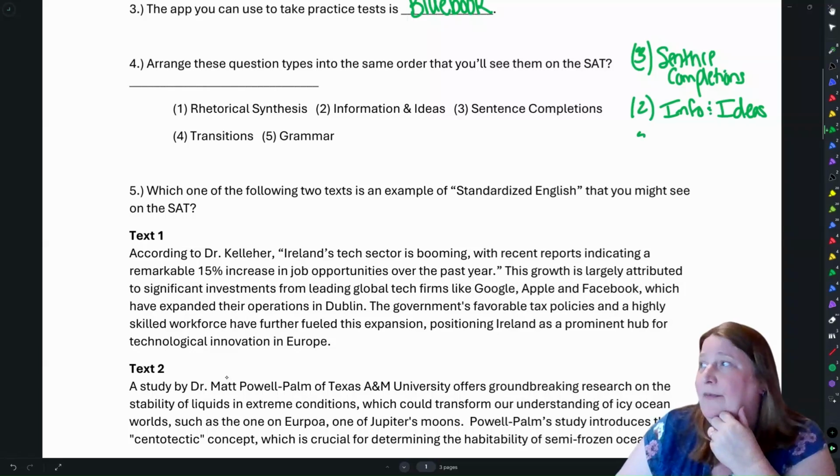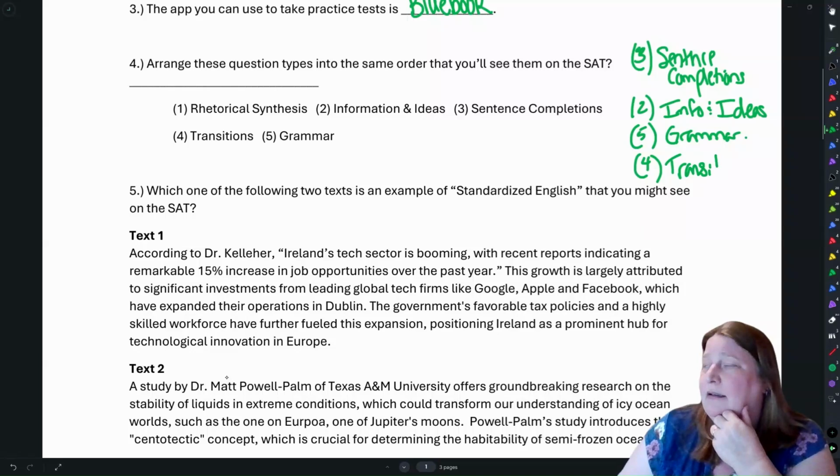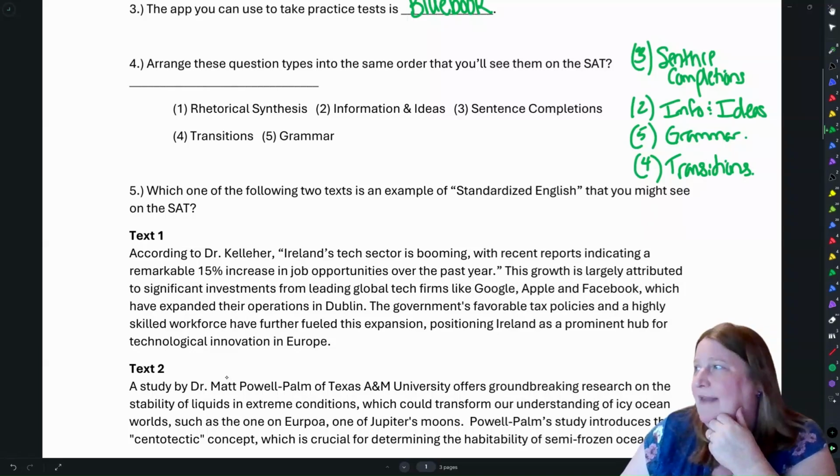Grammar comes after that, which is the topic of our course. It's right in the middle of the test, right? And then after that, you're going to get your transition questions. And always at the end is rhetorical synthesis. I have that numbered as 1, but it's the very last part of the reading and writing modules.